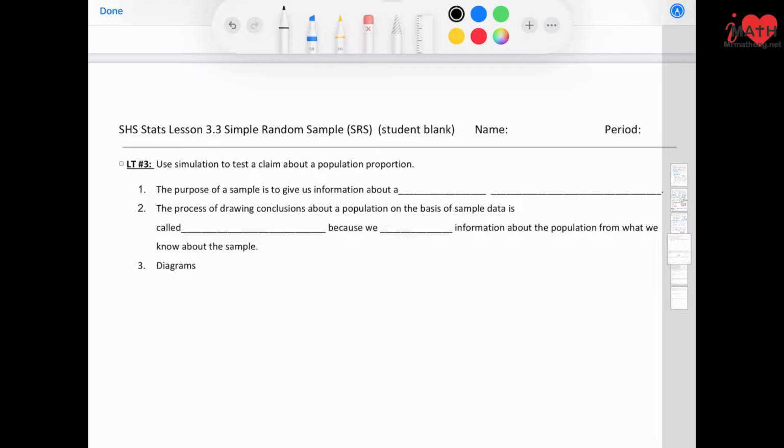All right, page number 4. Learning target number 3. Use simulation. It's kind of like, I don't know what to call it, computer generated, I don't know, this is my definition, computer generating the future, right? They want simulations about what will happen to COVID.